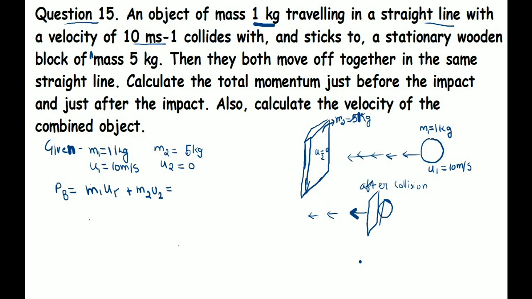Before collision objects are individual, so we will add their individual momentum, getting the sum of momentum of both objects. Okay, we will place the values and we will find the momentum before collision is 10 kg meter per second.